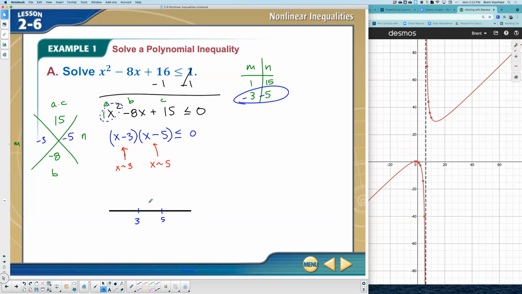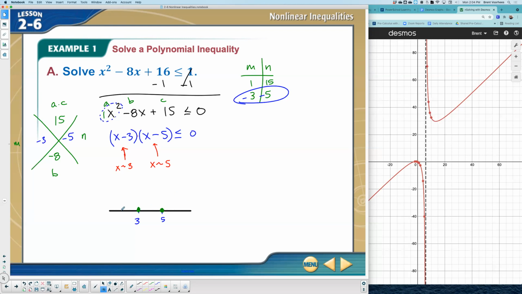So the left of 3, between 3 and 5, and to the right of 5, to see if the values are less than or equal to 0. The two solutions I know will be true, to be equal to 0, would have to be the numbers 3 or 5. So I want to do a closed dot there just because I do have the equal to line. If it was just a less than, it would be an open circle, but this will be closed.